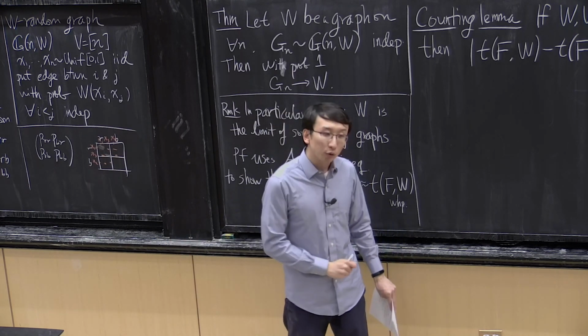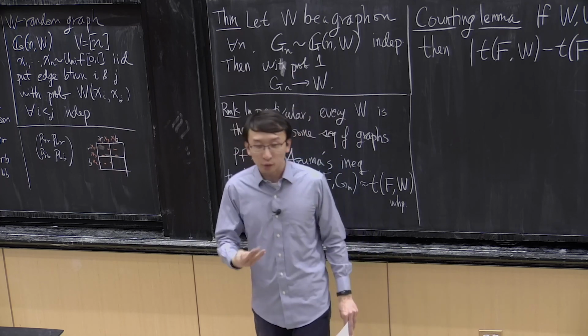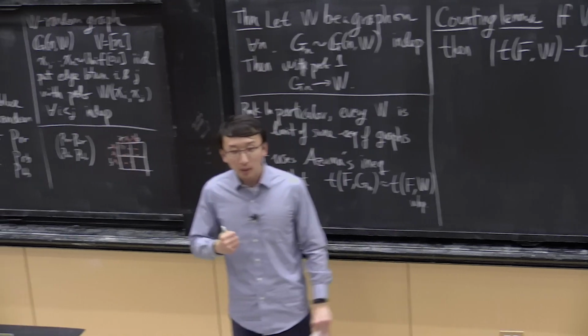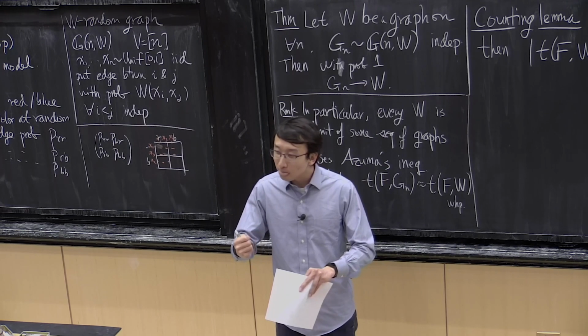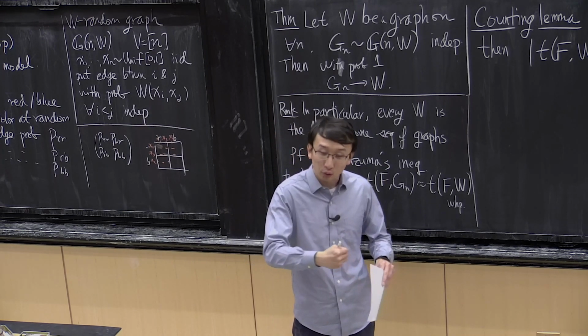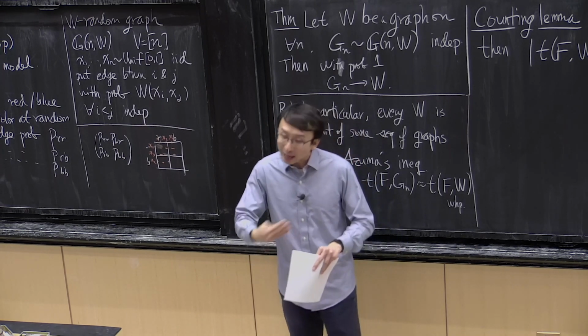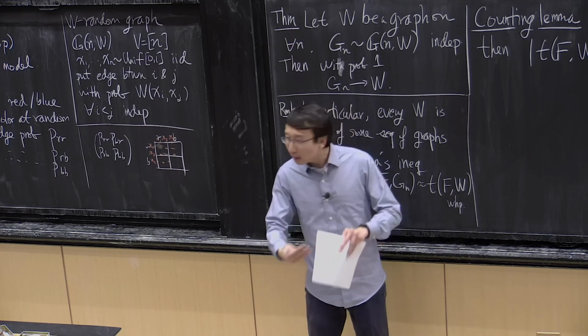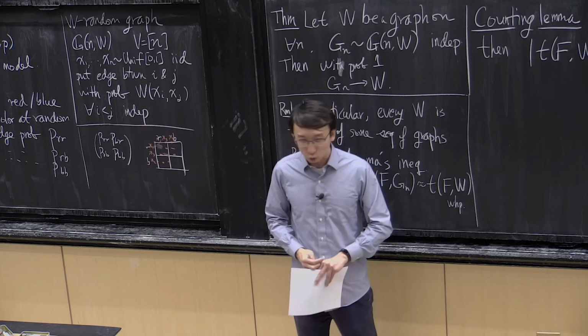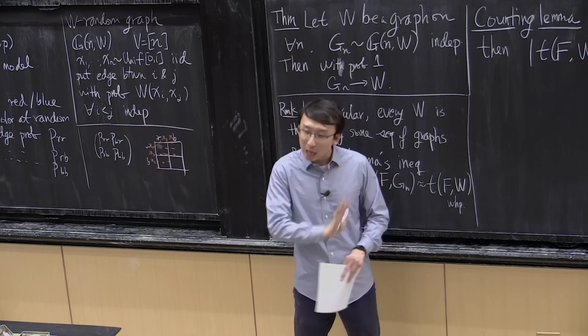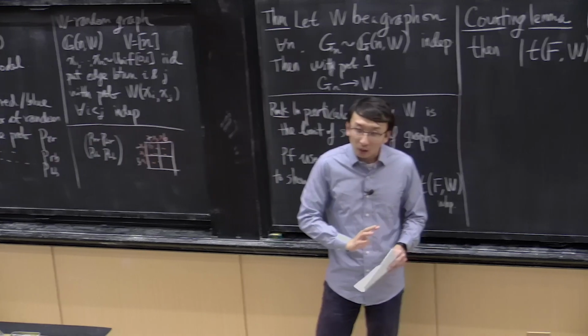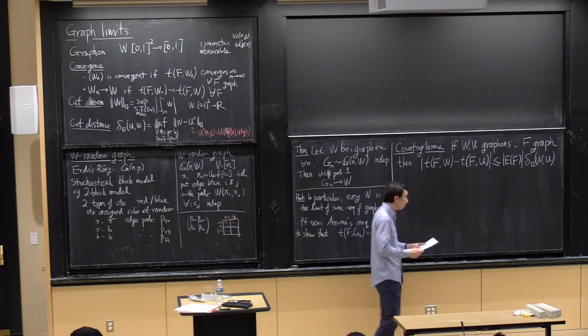And then there was a second proof, which I said was a more analytic proof, where you took out one edge at a time. And that proof, I think, is technically easier to implement, especially for general H. But the first time you see it, you might not quite see what the calculation was about. So I want to do this exact same calculation again in the language of graph functions, and hopefully it should be clear this time.